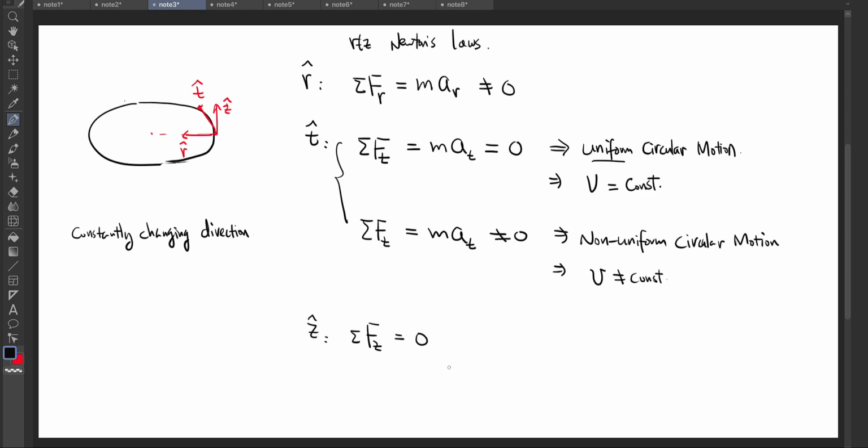That's not the situation we're going to discuss here. We're discussing 2D, because that's the basis for our discussion here, a 2D motion, not 3D motion. So that's why there's no acceleration along the z-hat.